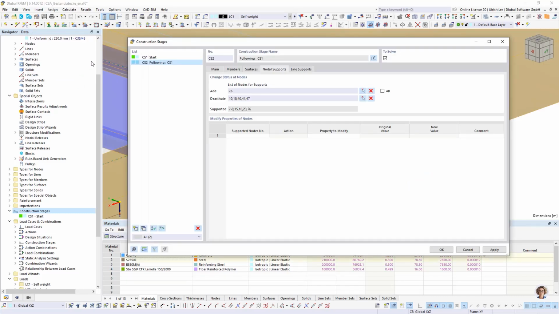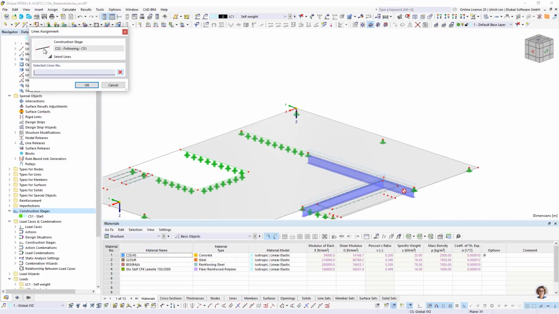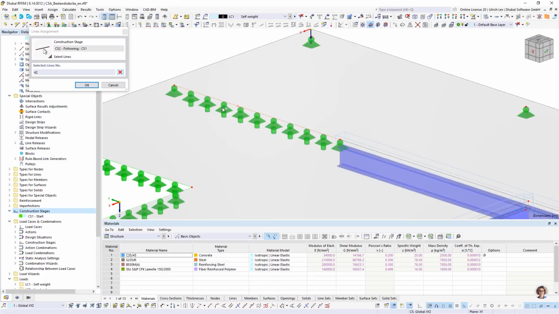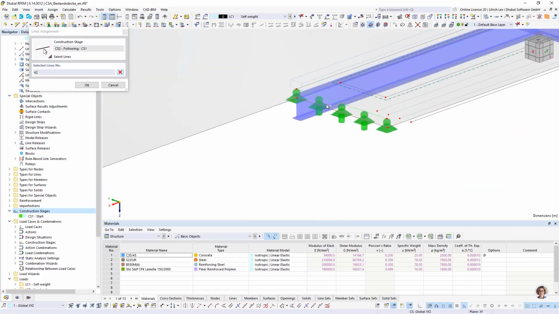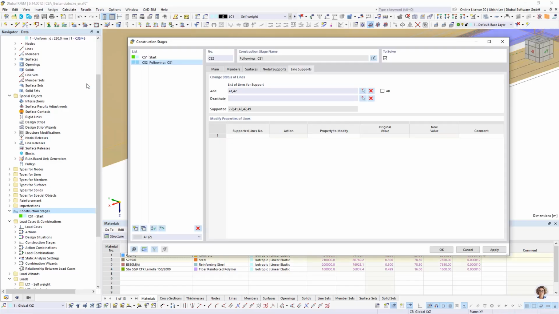Okay. And here I want to add some line supports. Because here in stage 2, a line support should be acting instead of the nodal supports. And the same here. Okay.